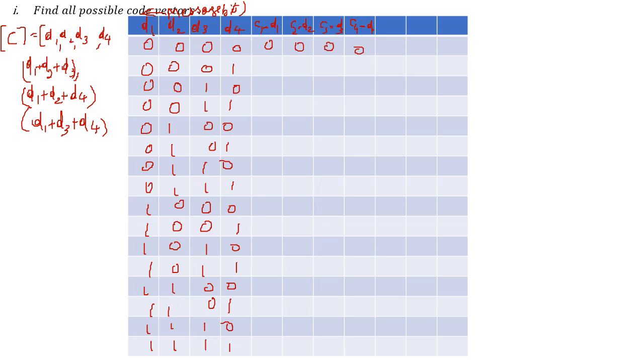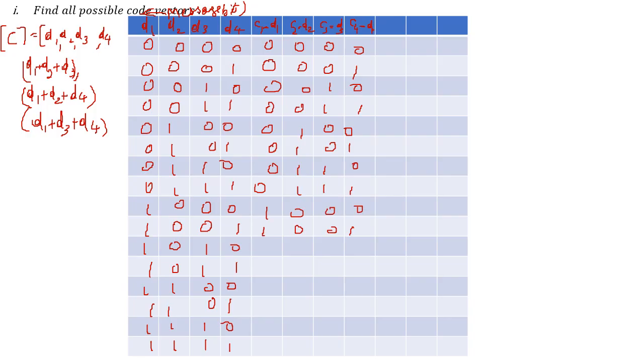So 0 0 0 0, 0 0 0 1, 0 0 1 0, 0 0 1 1, 0 1 0 0, 0 1 0 1, 0 1 1 0, 0 1 1 1, 1 0 0 0, 1 0 0 1, 1 0 1 0, 1 0 1 1, 1 1 0 0, 1 1 0 1, 1 1 1 0, 1 1 1 1.